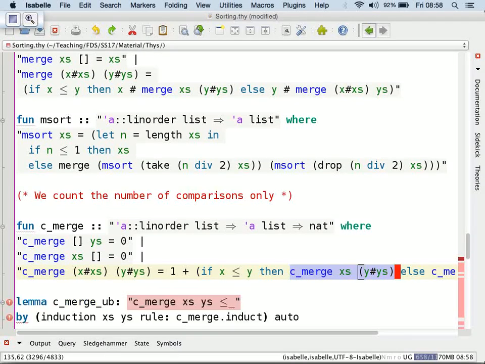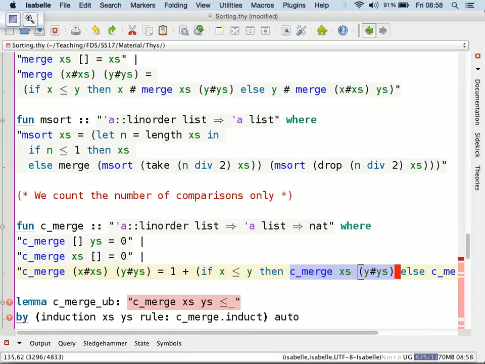So first little test: what is an upper bound for the number of comparisons of merging two lists, xs and ys? Four comparisons? The result of C merge, as it's defined. And yes, that's all the comparisons that the function merge will do when it merges xs and ys. No, I mean, hang on.